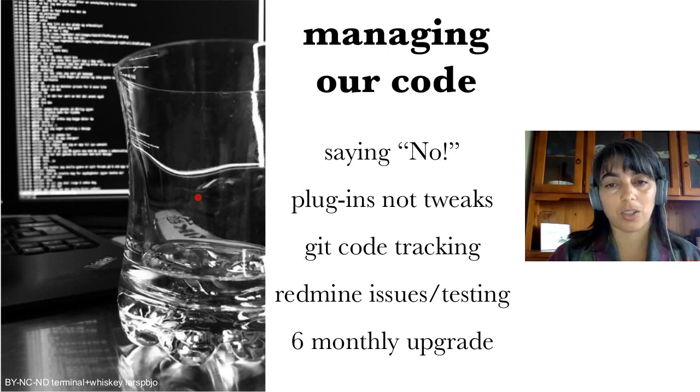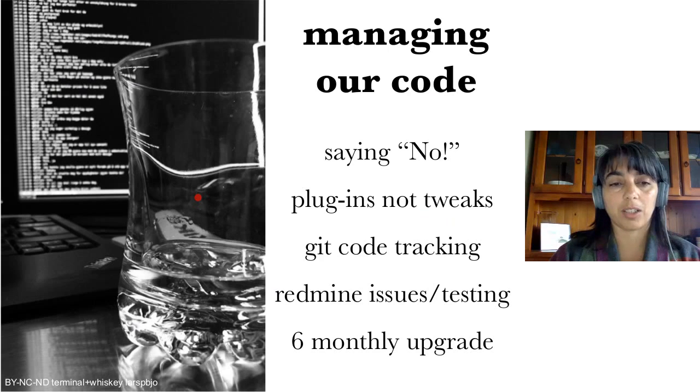So we need to make sure that anything we put into Moodle is going to benefit the university as a whole, or the majority of the university. Otherwise, you just end up with far too many things that are basically just helping individuals in scattered areas of the university. We've moved to the theory of having plugins, not tweaks.